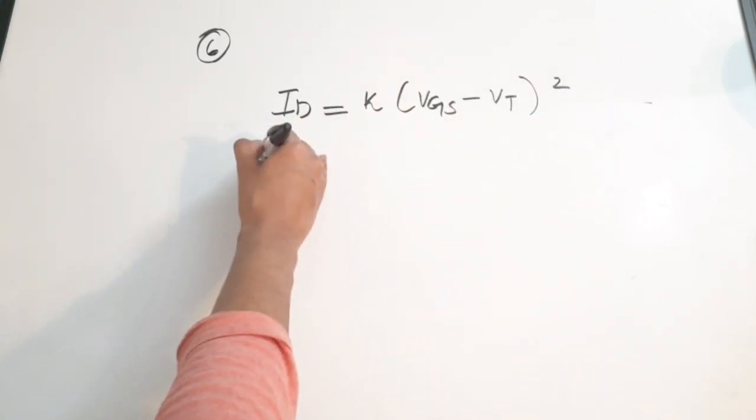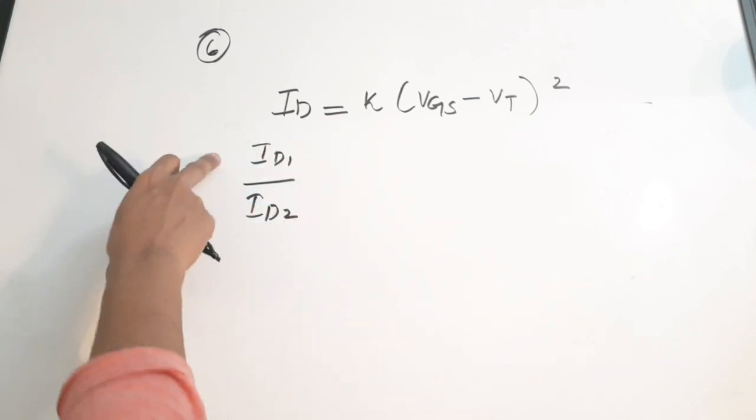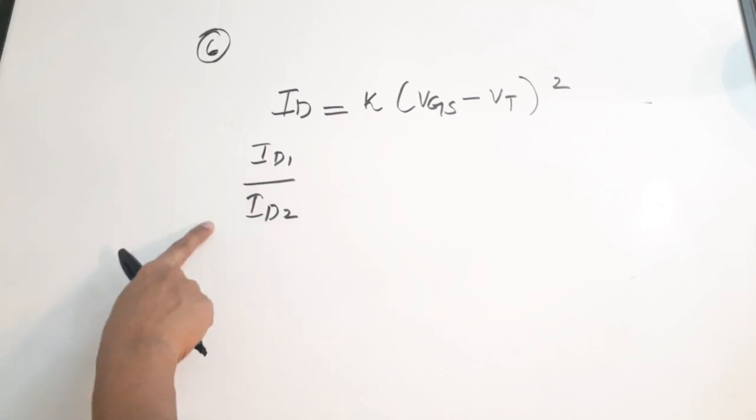Now we'll take the ratio ID1 by ID2, because the first current is given and the second current we need to find.